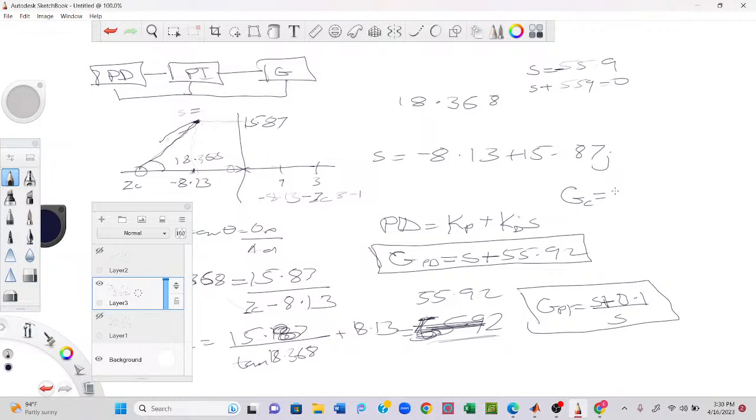That is equal to s plus 5.92 times s plus 0.1 divided by s, cascaded these two. So this will be your PID. And you cascade your PID with your uncompensated system to get your compensated system.